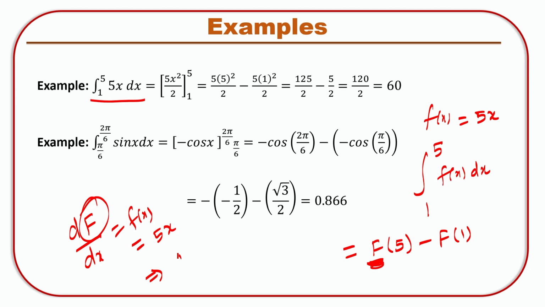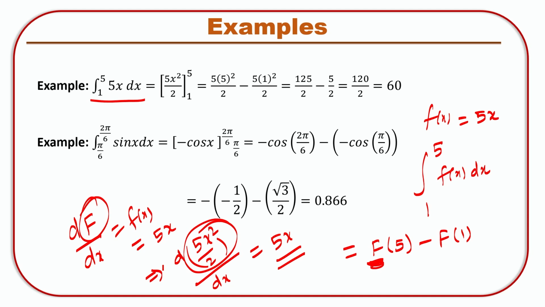As you can see here, d of (5x squared by 2) by dx will give me 5x. So this function 5x squared by 2 is my required capital F.